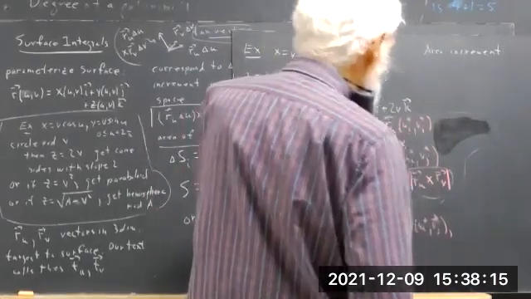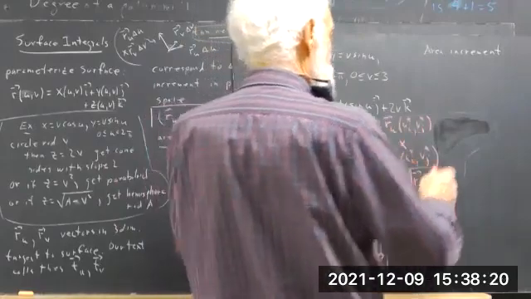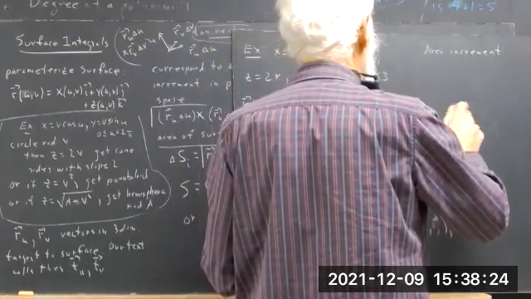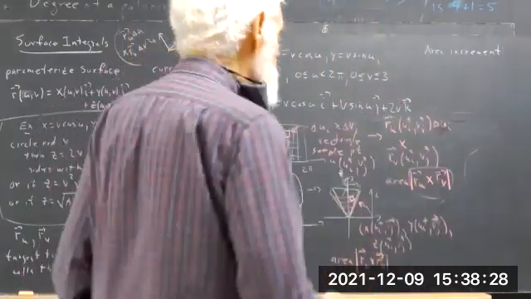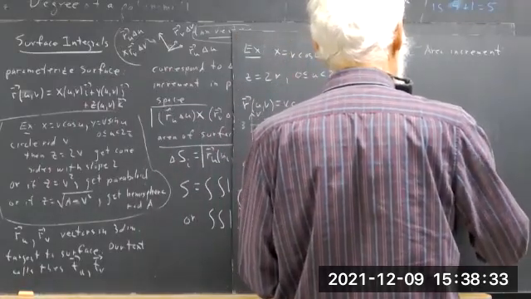Okay. This is RU at Ui star, Vj star, perfectly good vector. We multiply that by delta Ui to get a tangent vector, and the RV by delta Vj.